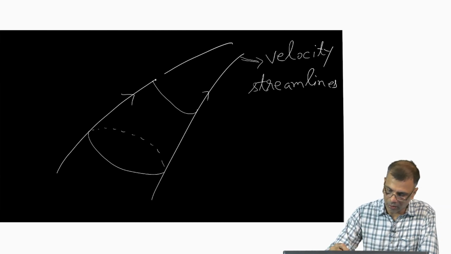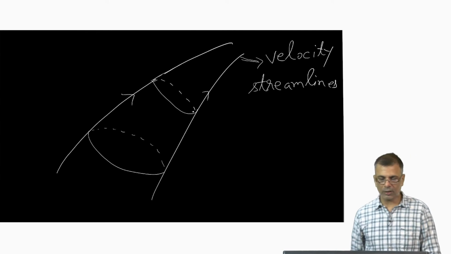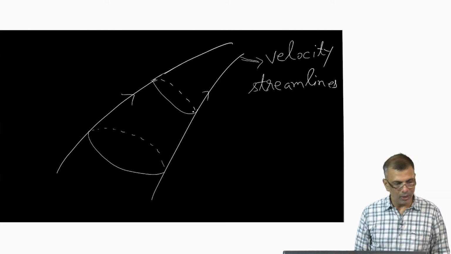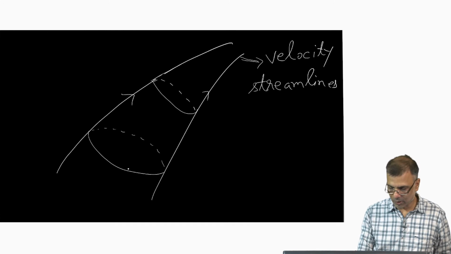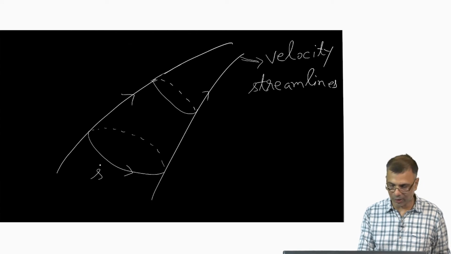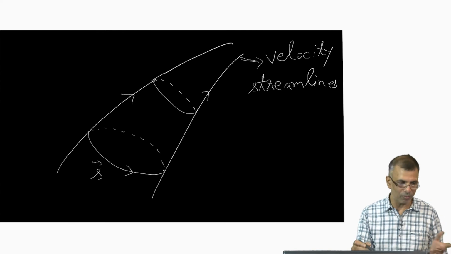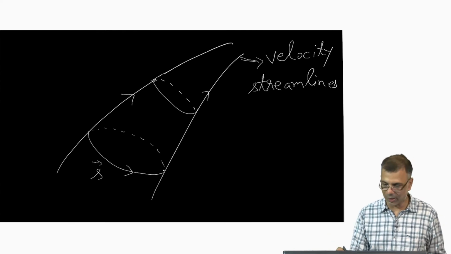Okay, I erase this. So like that. That's what I meant. Okay, and so what I'm going to do is call this length element small s. This is bad notation actually. The length element should really be L, but anyhow.